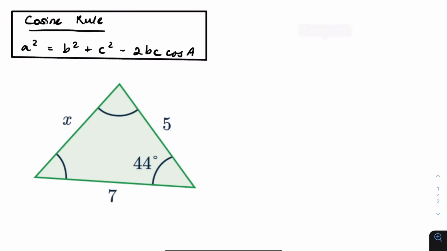So a equals x. Then our b could be any of these other side lengths, as long as you have the other two side lengths, you can use the cosine rule, or law of cosines, as it's also called. b equals 5. That means c has to equal 7, the other side length. And then we only need the angle A, which is the opposite to the side that we're trying to find.